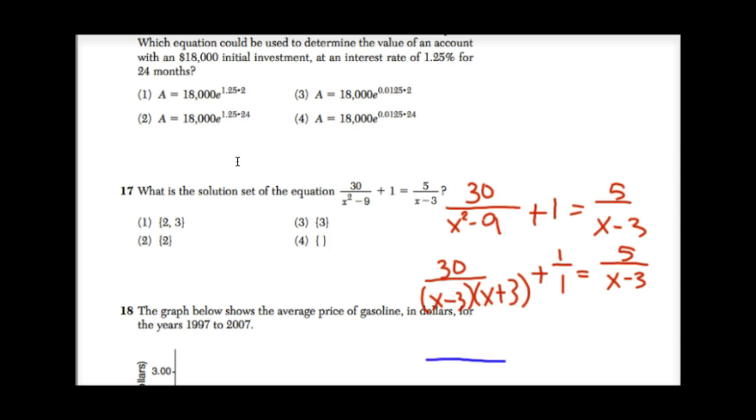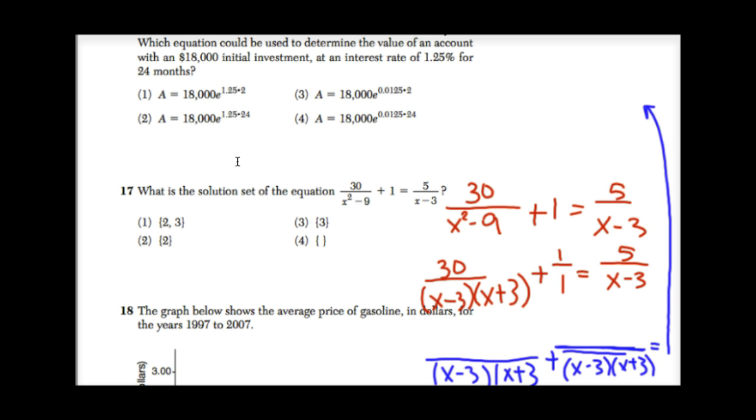So I need this to be x minus 3, x plus 3, and this over here also has to be x minus 3, x plus 3. And I want it to equal something that has x minus 3 and x plus 3. So this is already the same, so I don't have to do anything.